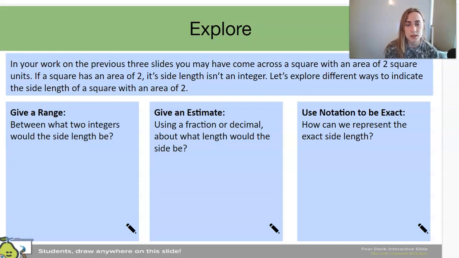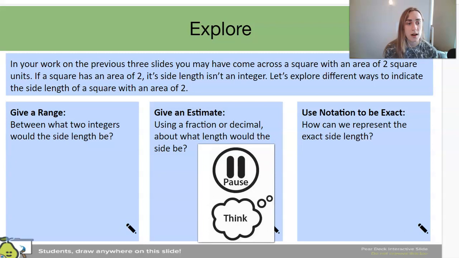Between what 2 integers would the side length be? In the middle, another strategy we can use is to give an estimate, using a fraction or decimal, about what length would the side be. Finally, on the right, use notation to be exact. How could we represent the exact side length using some kind of notation that we know? So pause and think about slide H.